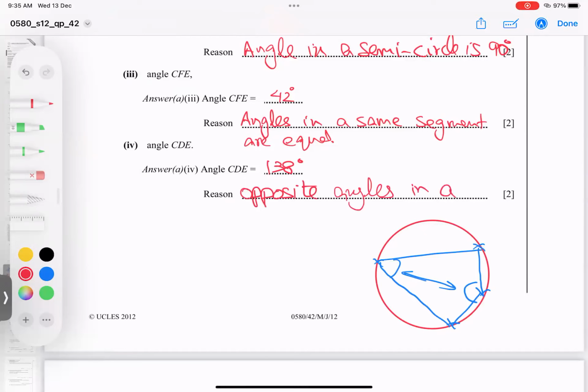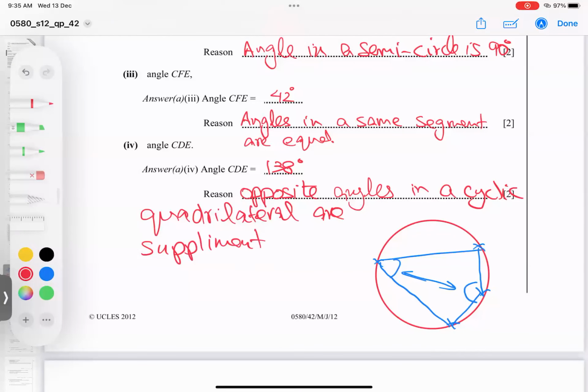Opposite angles in a cyclic quadrilateral are supplementary. Why is it called cyclic, students? Because all four points are on the circle. I believe you got the point, very clear.